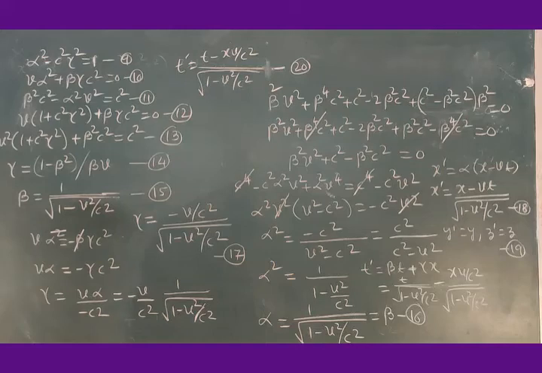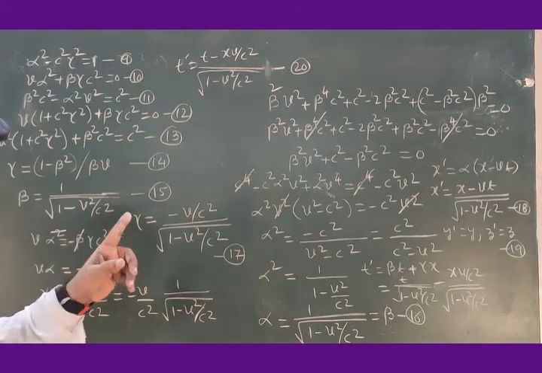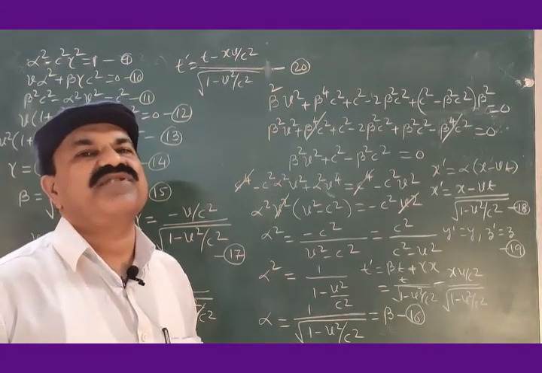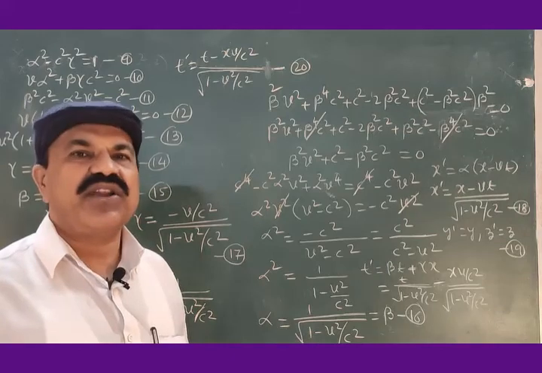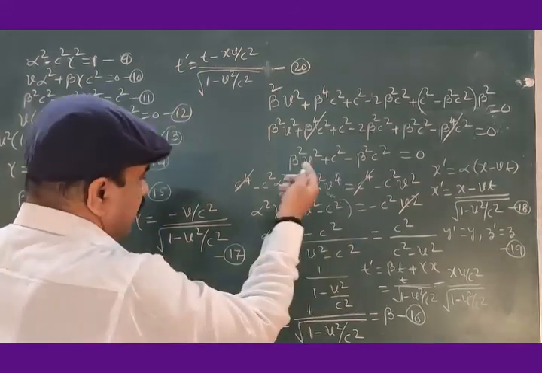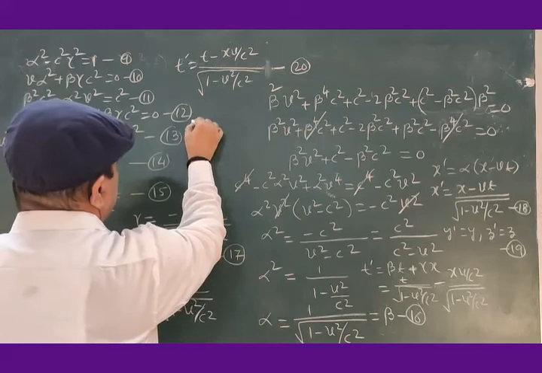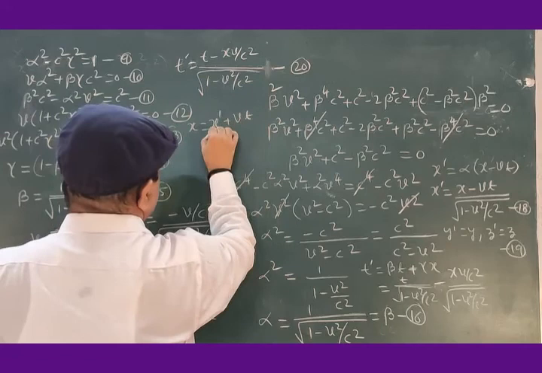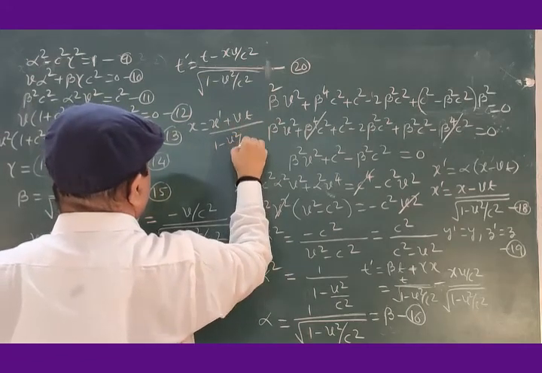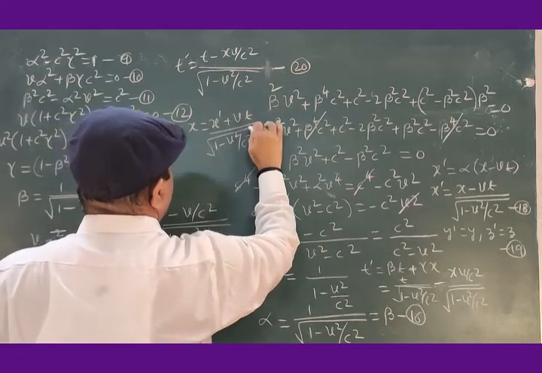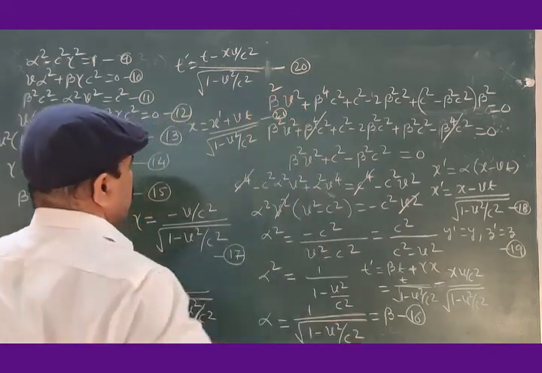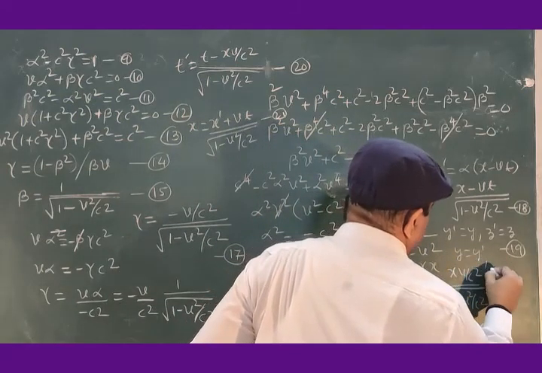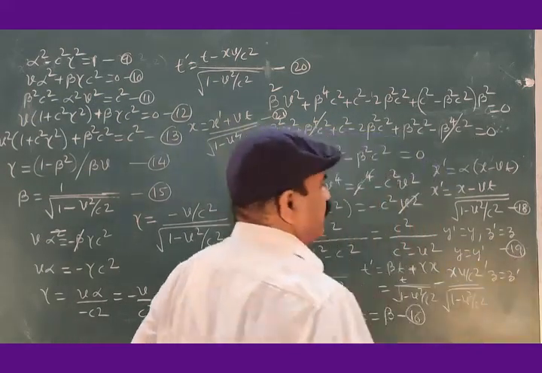Similarly, as you have written the Lorentz transformation equations, you can also write the inverse Lorentz transformation equations. And how to write the inverse Lorentz transformation equations? It will be simply x is equal to x prime plus vt divided by this square root term, equation number 21. y will be equal to y dash, z will be equal to z dash.